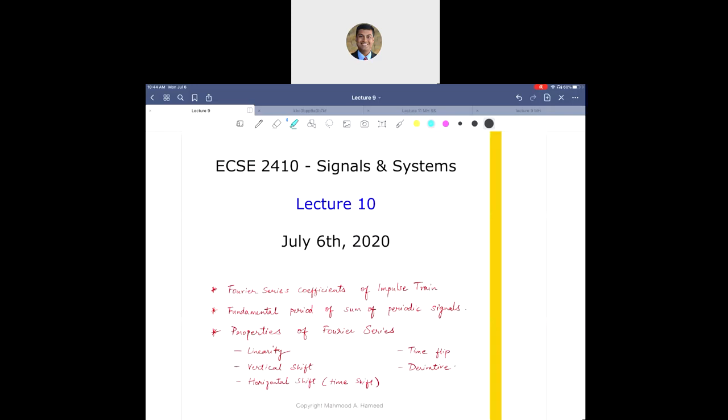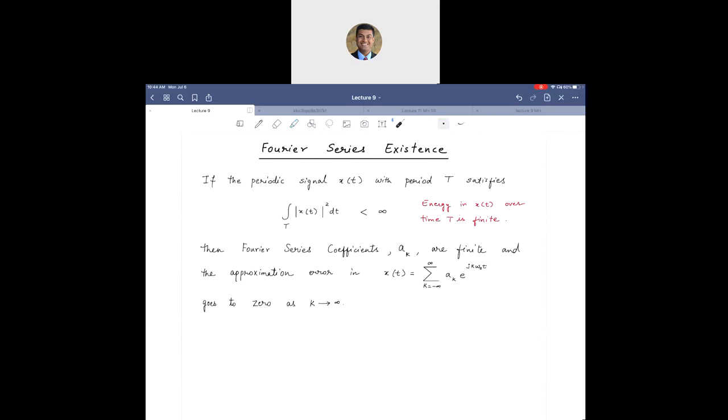All right, so let's begin with the first slide here, which is Fourier series existence. I'm trying to find a sub k, and it depends on x of t. So does x of t matter? Will the Fourier series coefficients exist for any and all periodic signals x of t?